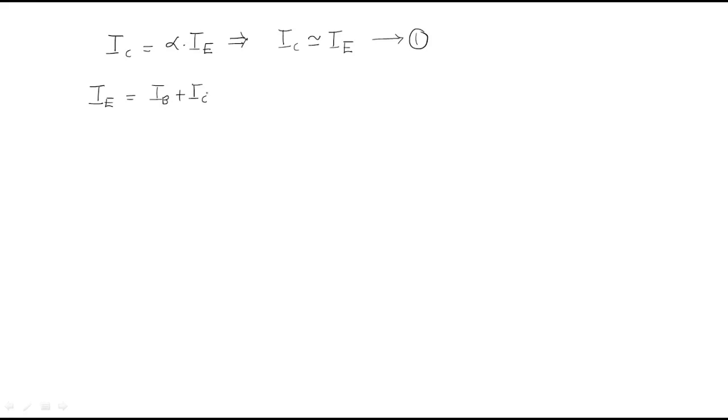The collector current can be represented as alpha into IE plus the common base leakage current, which is derived from the common base CB configuration.